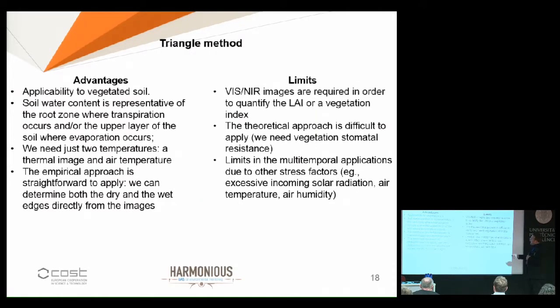So we have advantages and disadvantages as well, and we need just two temperatures: one is thermal images, another is air temperature. The empirical approach is straightforward, and you obtain the soil water content of the root zone of the soil.